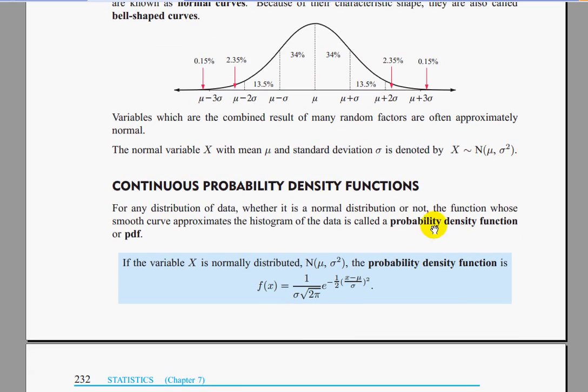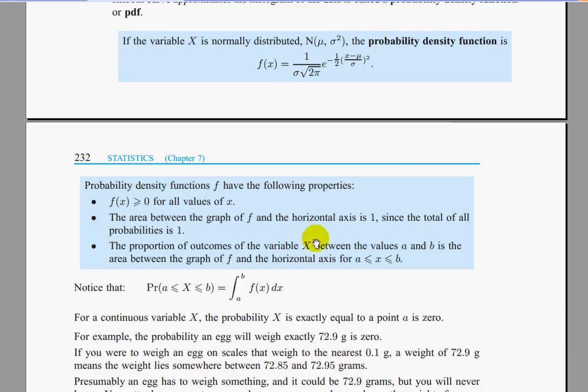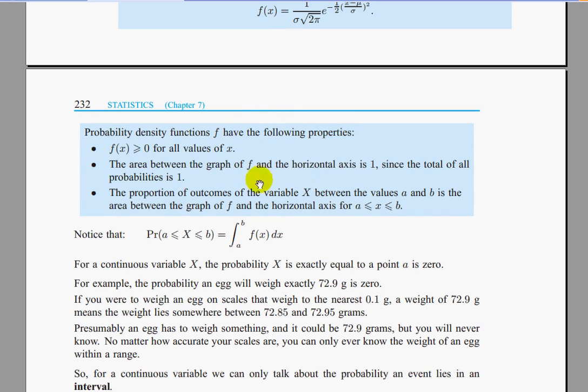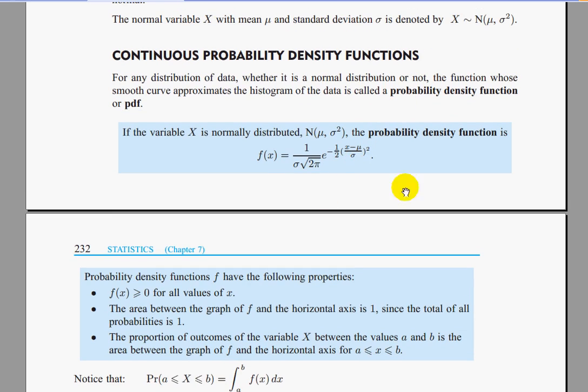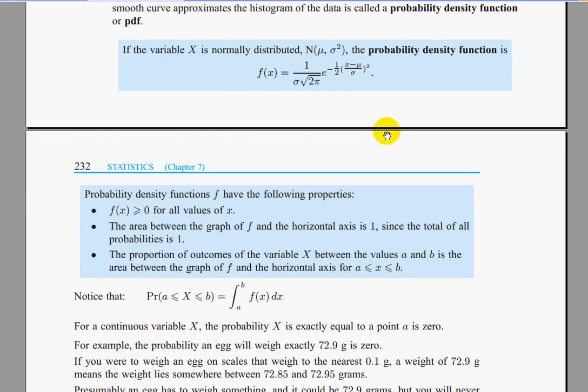And then a very important idea is the probability density function, or commonly known as PDF, which is only for a continuously distributed function. Some of the properties are written here. You take a look. I will discuss examples specifically on the idea of PDF later.